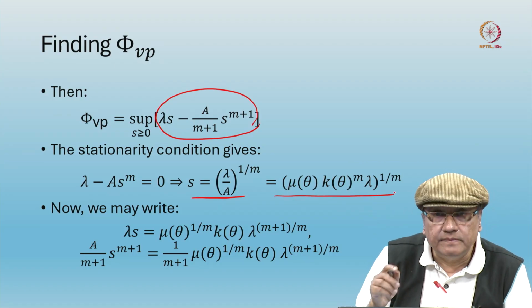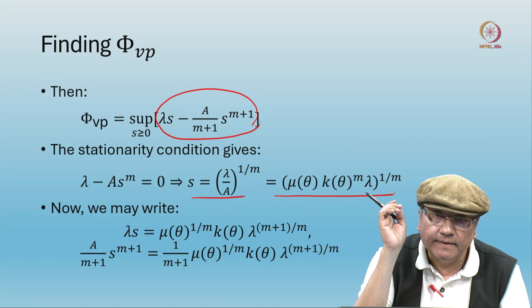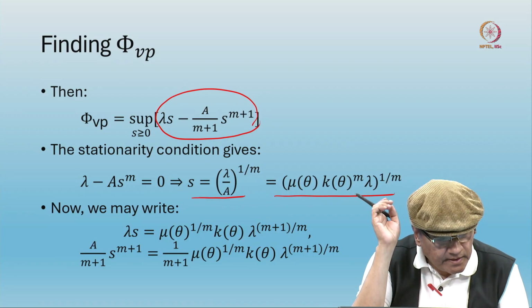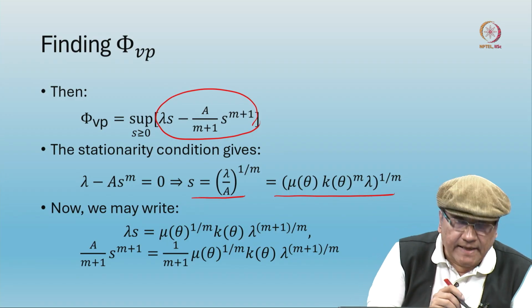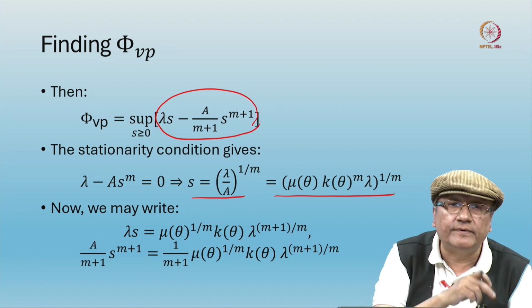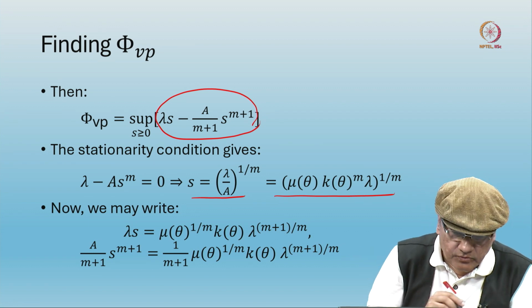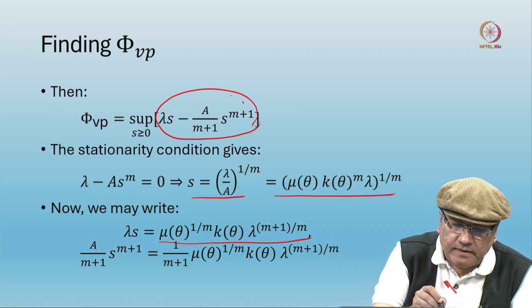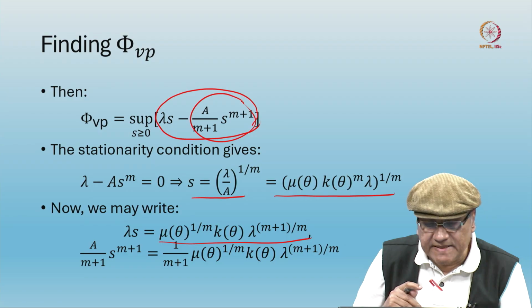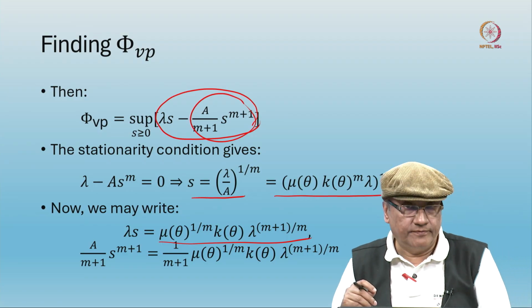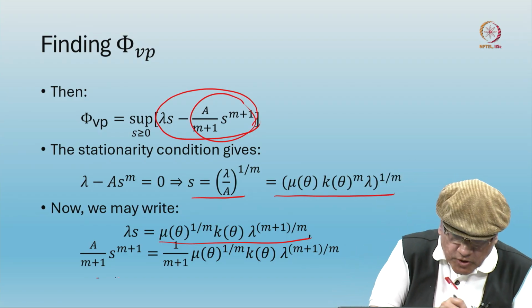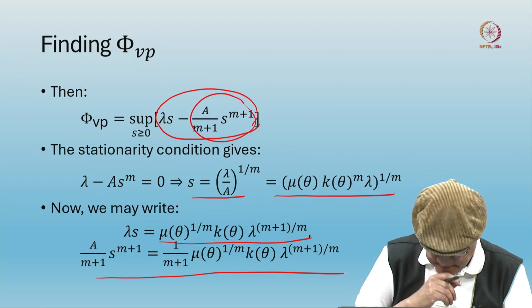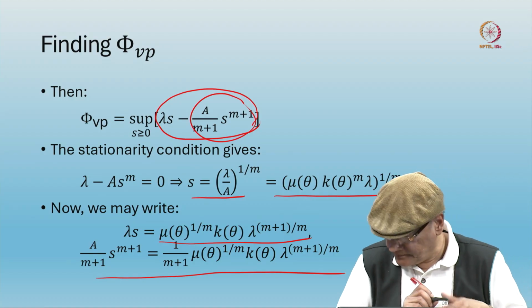And you expand by substituting back for A, this is the scenario. So you can now write lambda S for this particular S that maximizes the argument, which is this. And you write the other part, which is the rate dependent part of phi Vp, also by substituting this specific S, which is this.